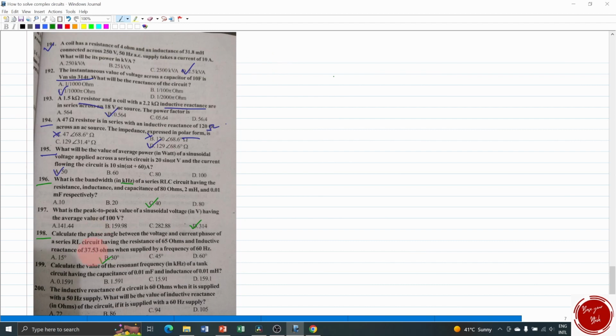Question number 199. Calculate the value of resonant frequency in kilohertz of a tank circuit having the capacitance and the inductance. Here, 1 by 2 pi root of LC is the resonant frequency for a series resonance circuit.